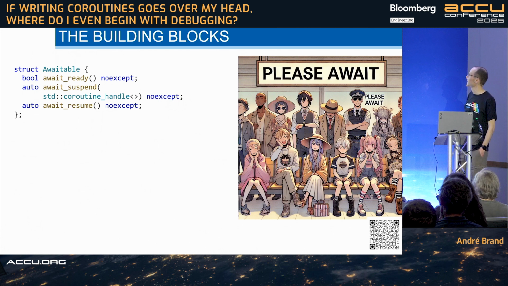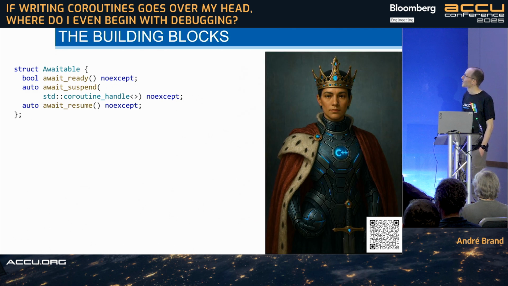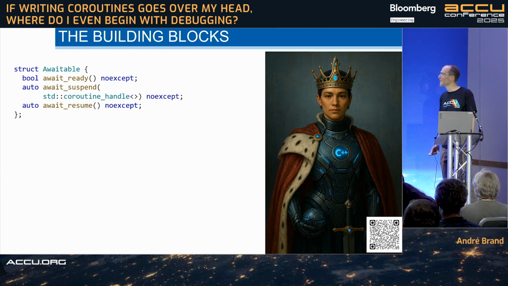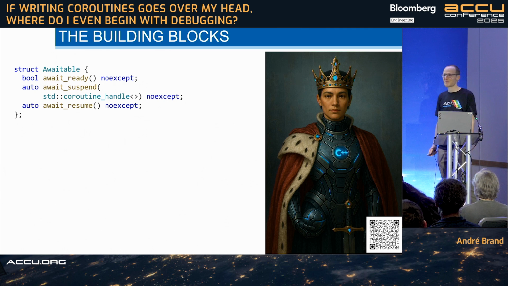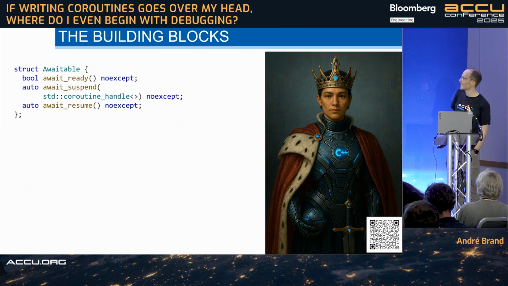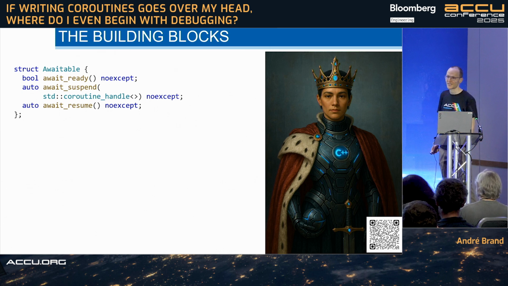And this image is just meant as a provocation because, as I said earlier, awaiting doesn't mean waiting. So that's the wrong picture. And we kind of change our perspective. Let's assume we are the undisputed ruler of C++, and the committee would auto-accept all our proposals, and we could design coroutines as we wanted.